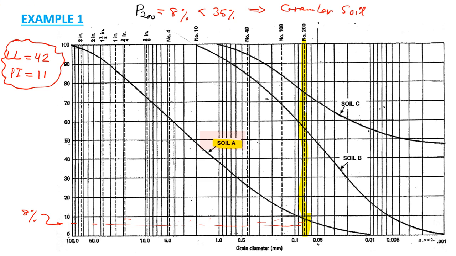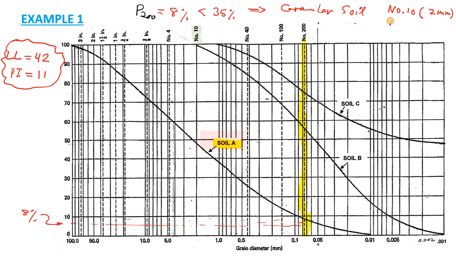So how are we going to do that? For passing number 10 sieve, where is the number 10 sieve? This is the number 10 sieve. And remember one more thing, number 10 sieve has an opening of 2 millimeter. This is the division of sand and gravel in AASHTO.